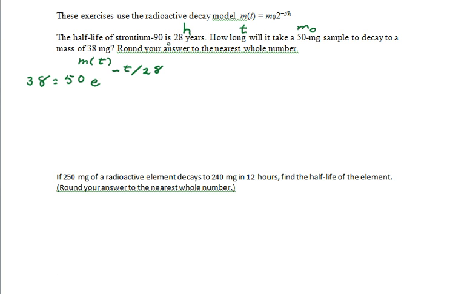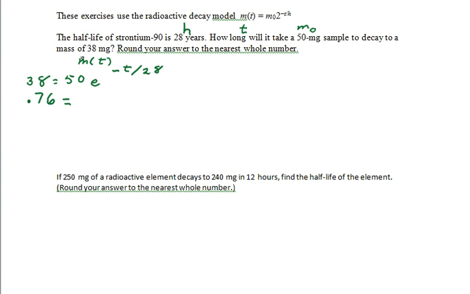I'm going to divide both sides by 50, which gives 38 over 50, or 76 over 100. So we get 0.76 as the decimal answer here. I would not use the decimal if it did not terminate. I would continue to use the fraction.